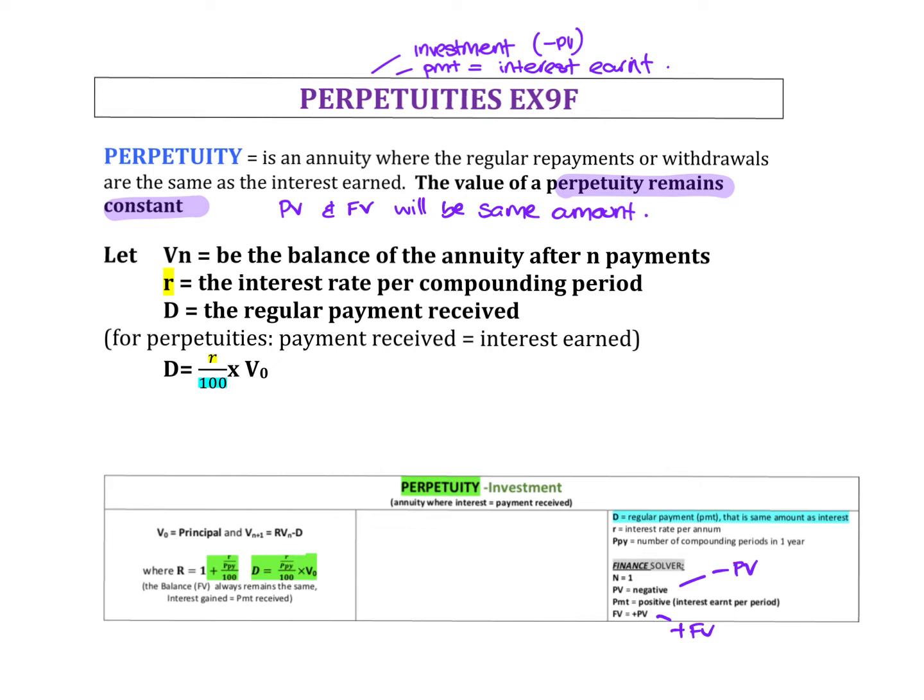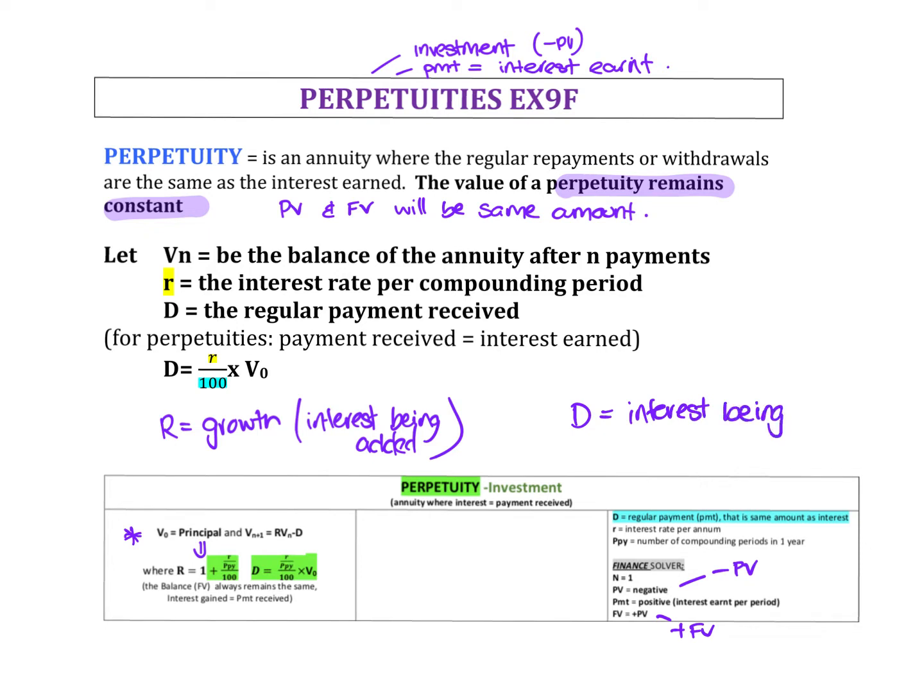So we've obviously got a recurrence relation, and we've set it up here. This big R is the interest calculating, the growth, the interest being added, and the D equals the interest being taken away, and that's why the balance will remain the same.